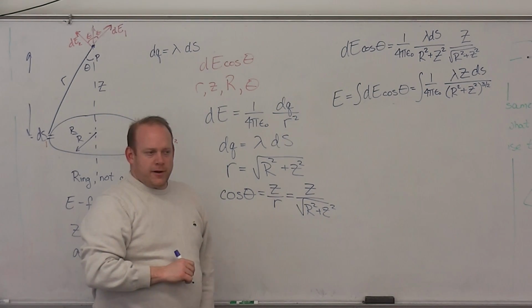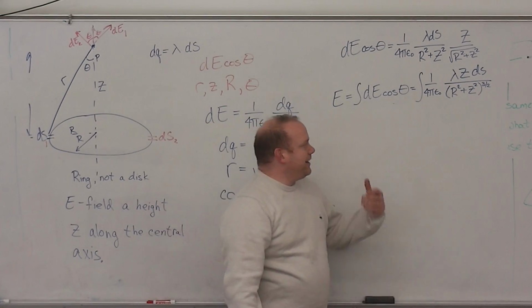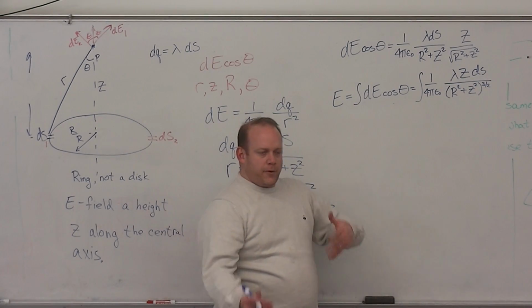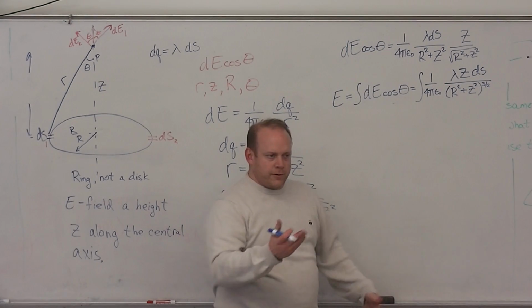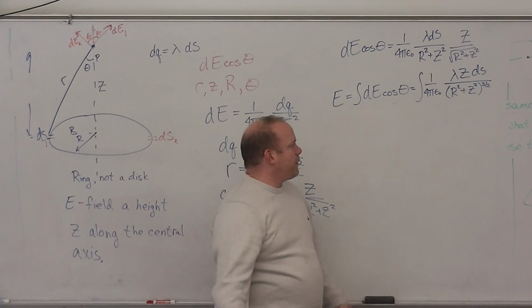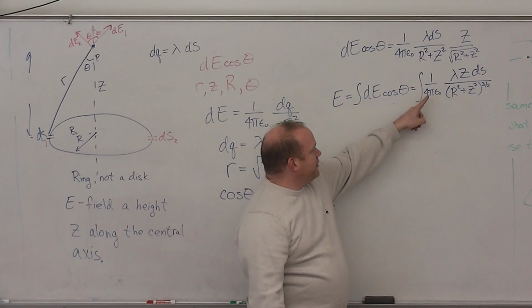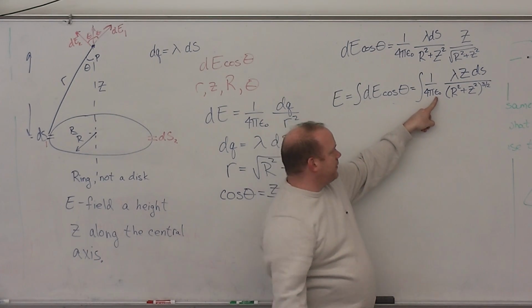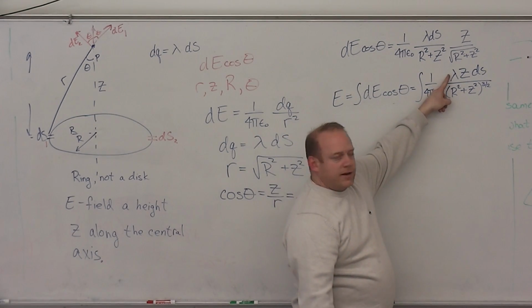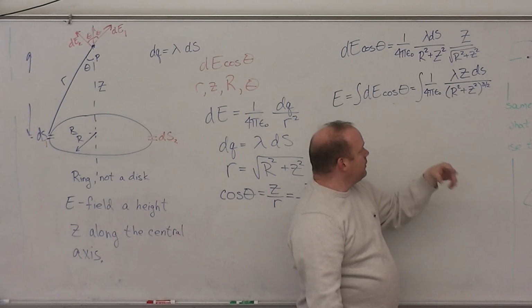Now, here's where a little beauty comes in. Like I said, we want to pull all constants out for the most part. 1 is a number, 4 is a number, pi is a number, epsilon naught is a constant. Lambda, constant. Z, constant. ds, that's what we're integrating over.